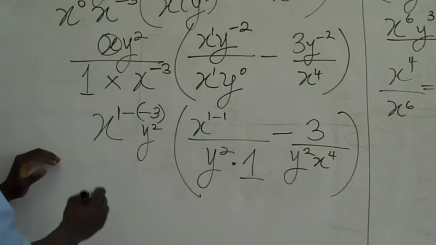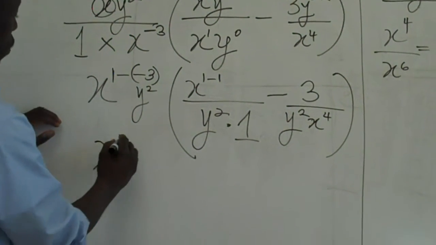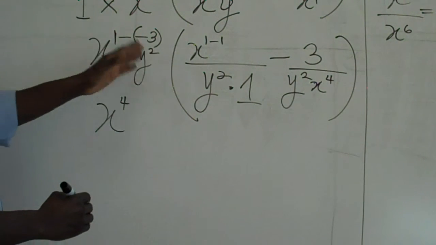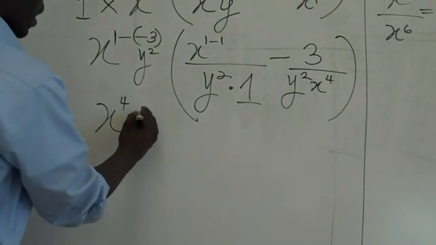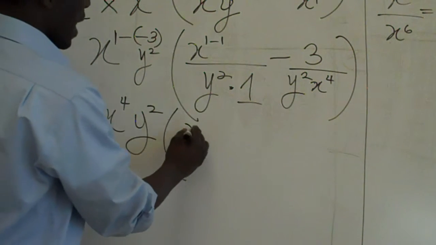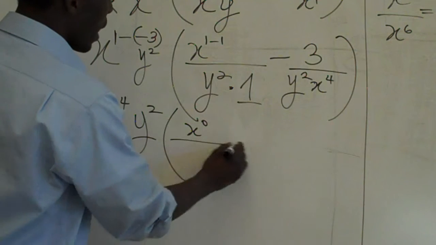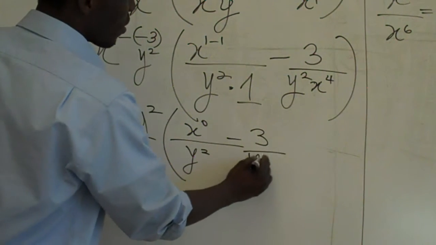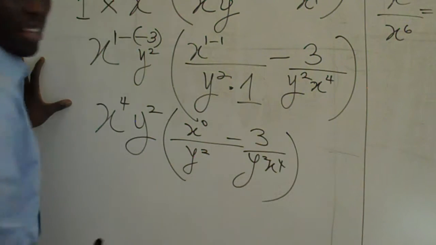If we continue, it becomes x to the 4th, because 1 minus negative 3 is 1 plus 3, which is x to the 4th. And then we have our y squared. And then in the bracket, we have x to the 0 divided by y squared minus 3 over y squared x to the 4th.